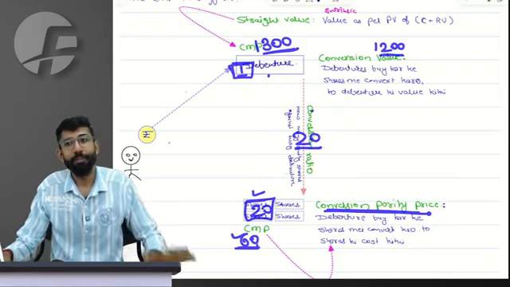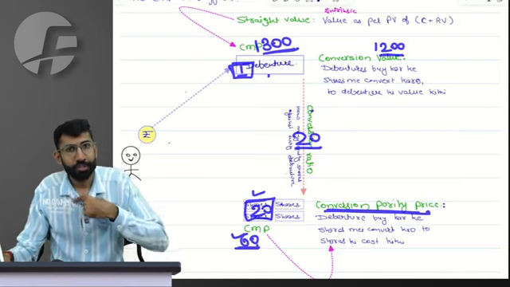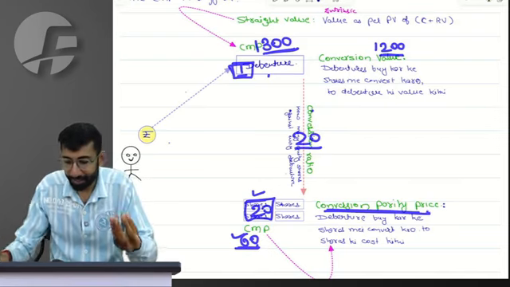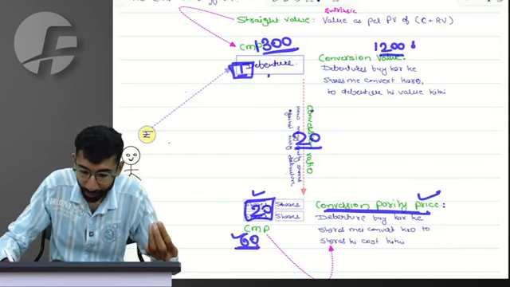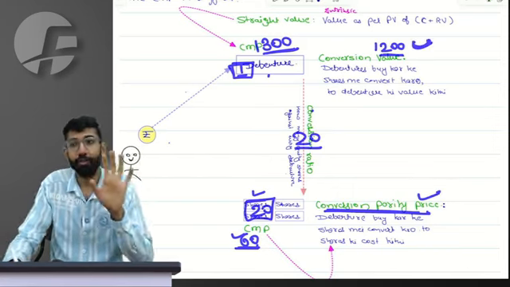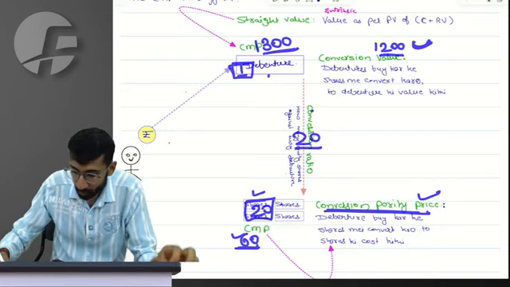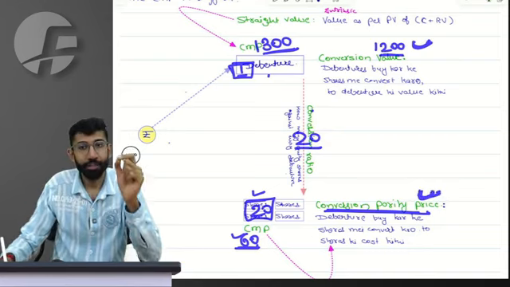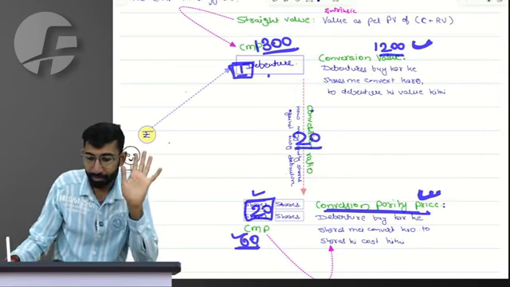Conversion parity price will be how much, if I buy the share? Basically conversion parity price is the value of share by way of debenture, and conversion value is the value of debenture by way of share. Omkar, 1200 is the answer, agreed.